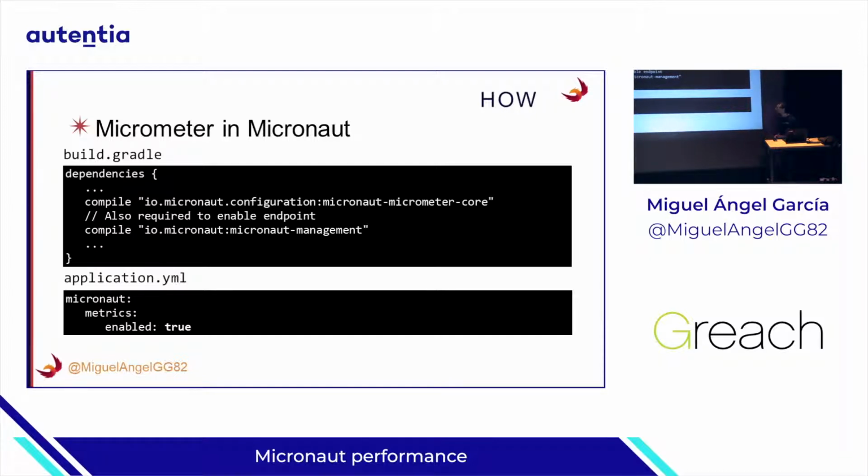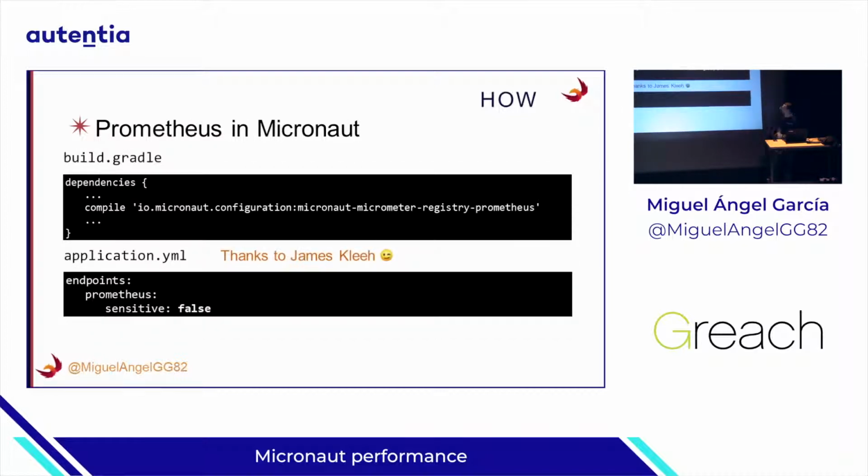What about Micrometer in Micronaut? It's so simple. You only have to put these two dependencies in the build.gradle and this configuration in the application.yaml. And about Prometheus, so simple. Again, this dependency, and in the application.yaml you need to put these configurations.